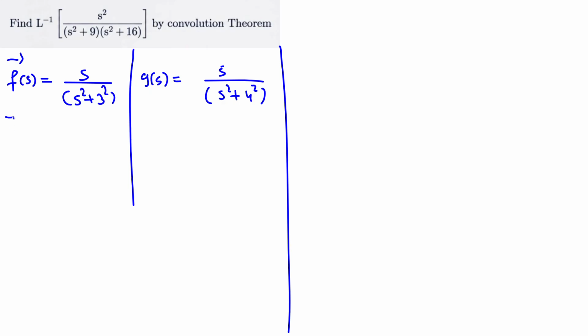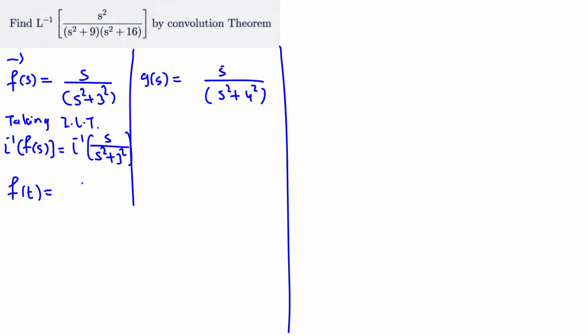Now taking the inverse Laplace transform, you will get Laplace inverse of f of s is equal to Laplace inverse of s upon s square plus 3 square. Okay, so Laplace inverse of f of s, we know f of t, is equal to s upon s square plus 3 square. The inverse of this term is cos 3t.